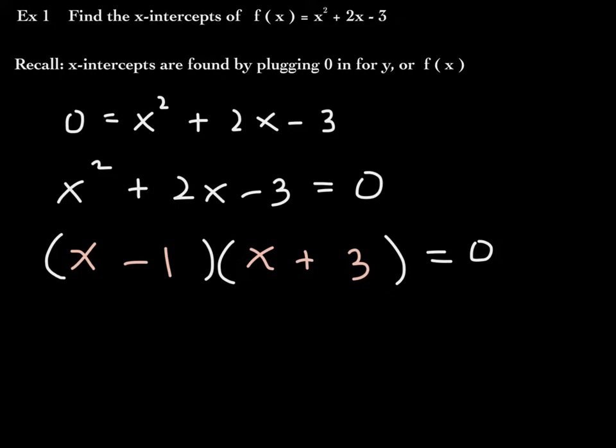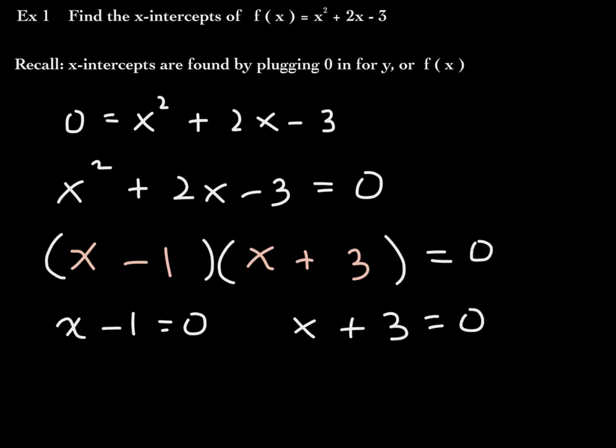Let me say it like this. If this times this equals 0, then one of these factors must be 0. So what we do is we take each of these factors and we set each of them equal to 0 and solve.